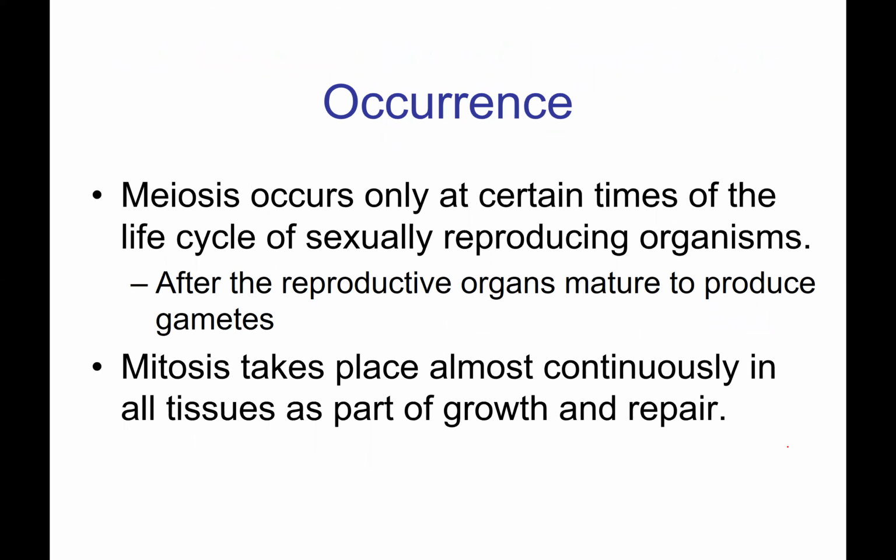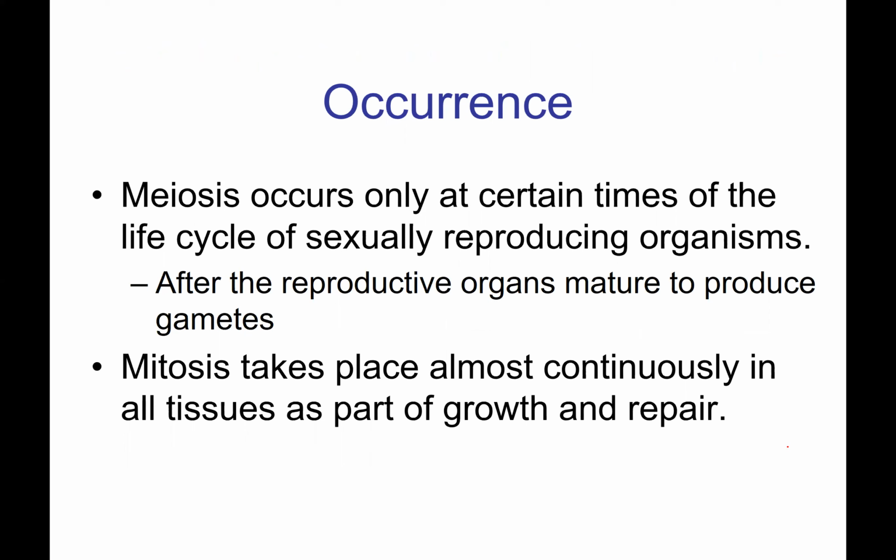So when does this occur? Meiosis occurs only at certain times of the life cycle of sexually reproducing organisms. So remember, meiosis is going to create sperm and eggs. Sperm gets created all the time. Males can create sperm starting at puberty all the way through their death pretty much.